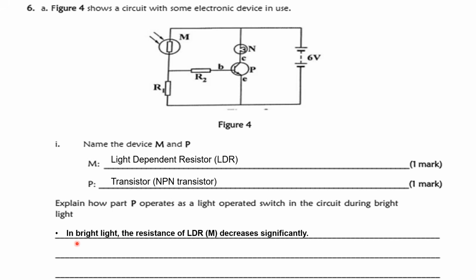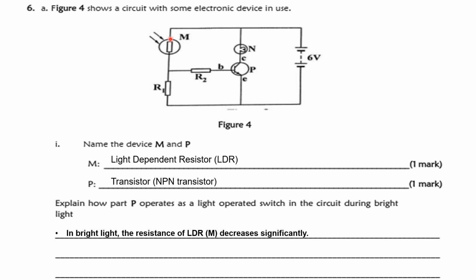So in the first place, on a bright day, when light falls on the device M, which is the light dependent resistor, its resistance decreases. In other words, its opposition to the flow of current decreases. Remember, current and resistance vary inversely. When the resistance is high, current is low, and the opposite is true.